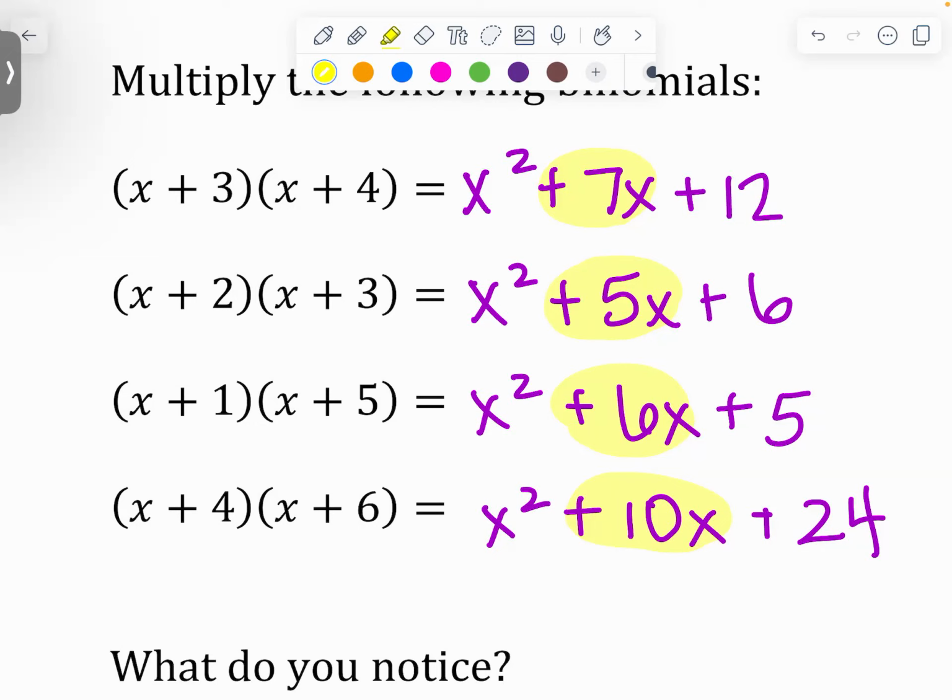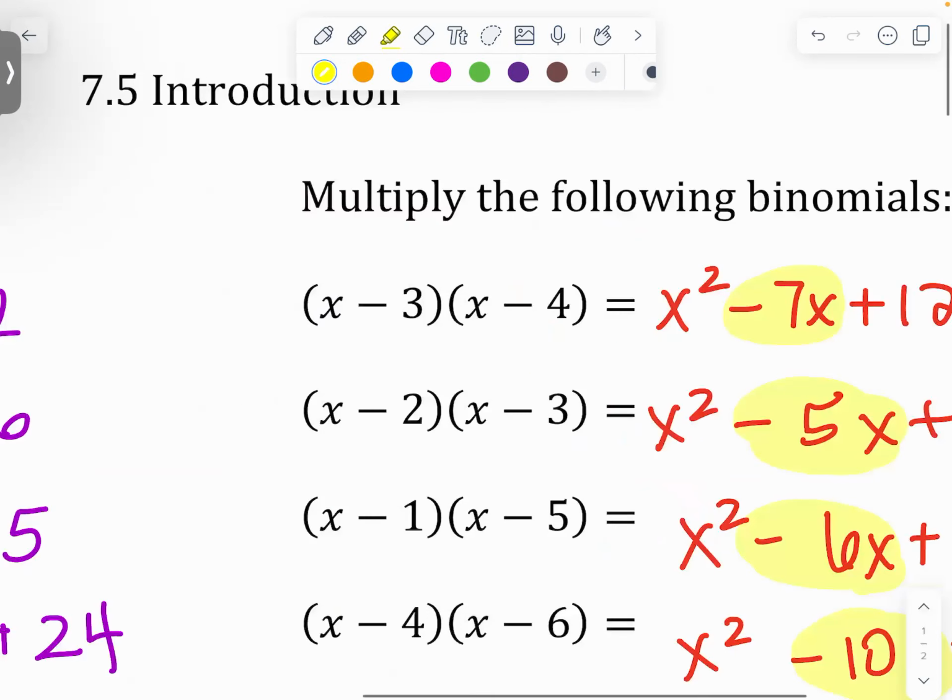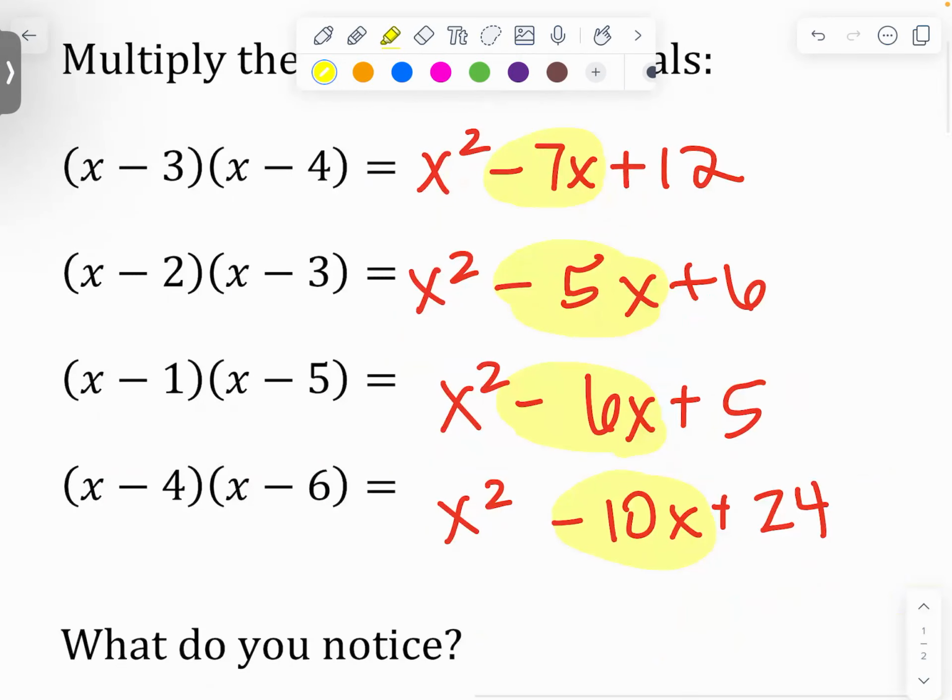Do you notice that 1 plus 5 is 6 and 4 plus 6 is 10? Now, over here, we have the same thing, except all of these are minus, but these are still positive. Talk to me about why that's happening.